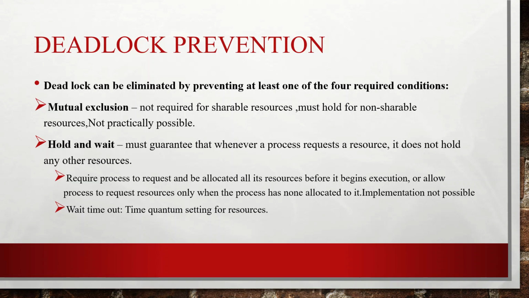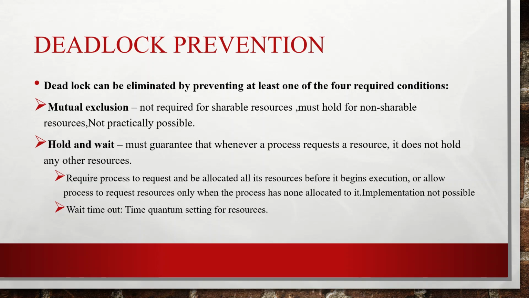As of now, a printer is given to only one process. It has to complete that process, then only it will be allocated to another process. So not all the resources are in shareable mode. So this first case, removing mutual exclusion, is practically not possible. That is the first thing.